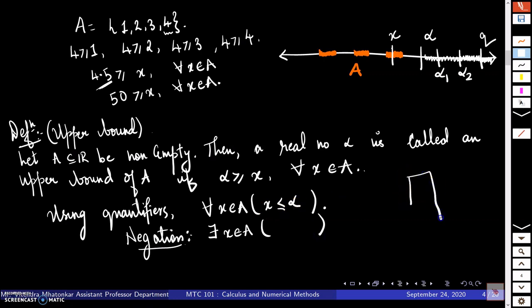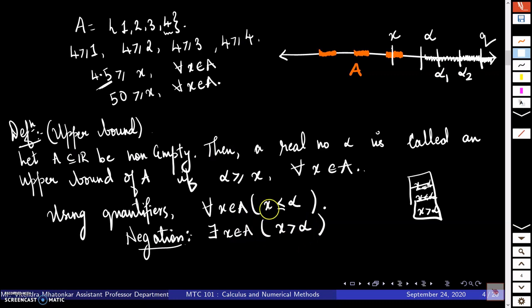Now by the law of trichotomy, either x is equal to alpha, or x is less than alpha, or x is bigger than alpha. Now x less than or equal to alpha is not true. That means equal to is not true and less than is not true. So both these conditions are ruled out, meaning the only possibility now is x is bigger than alpha.